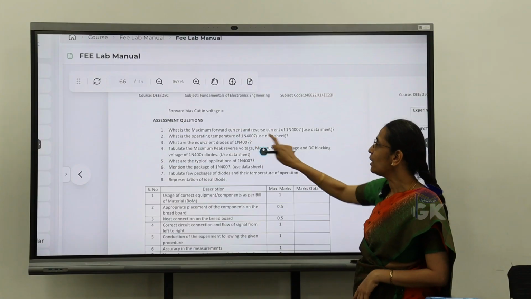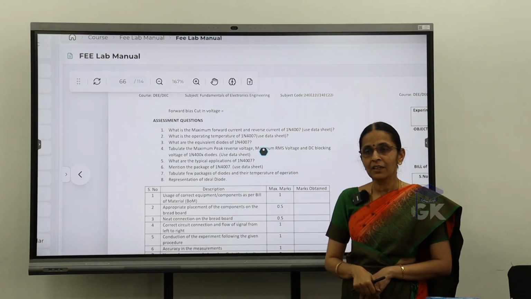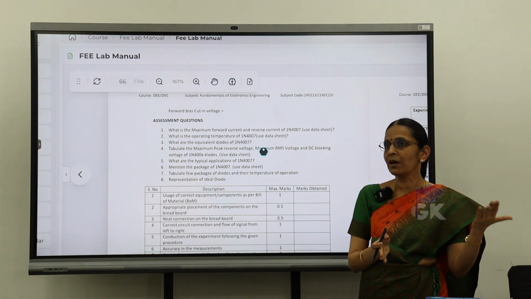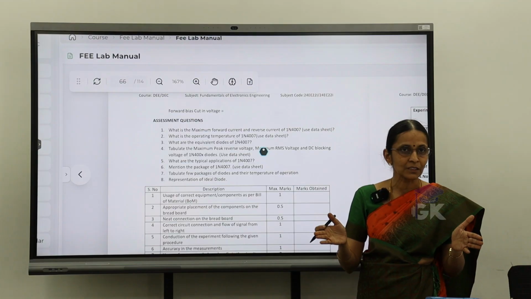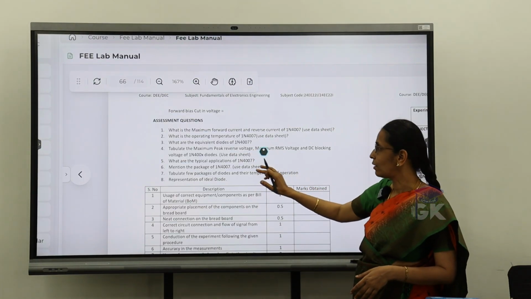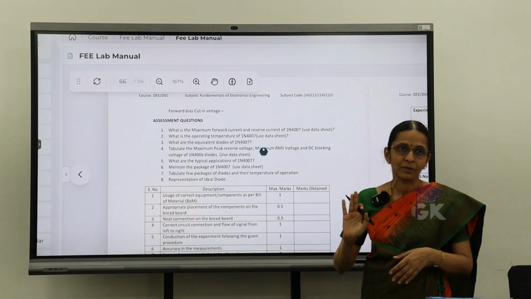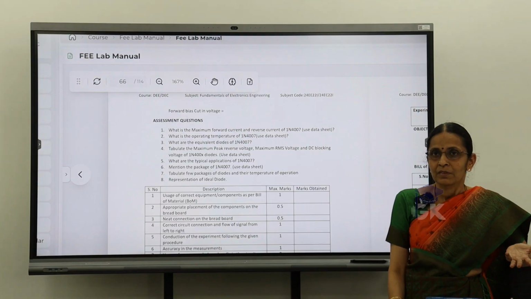Next, what is the operating temperature? The operating temperature will be provided there. Say I can operate till 75 degrees, or I can operate say from minus 125 to say 250, like that the range of temperature will be given. So that also they have to note down and then write it. And what are the equivalent diodes of 1N4007? Say imagine I don't have 1N4007 with me.